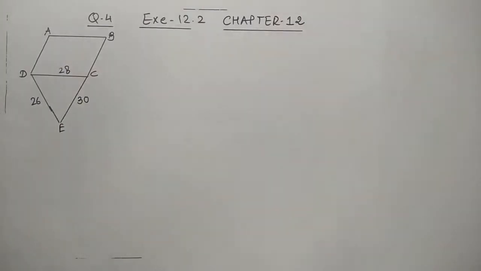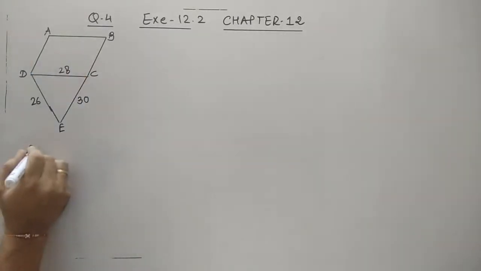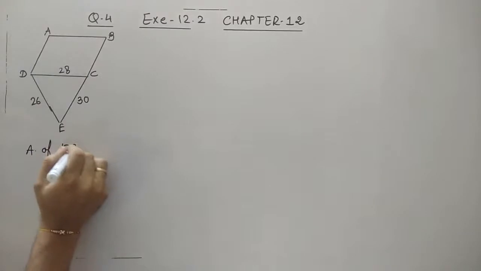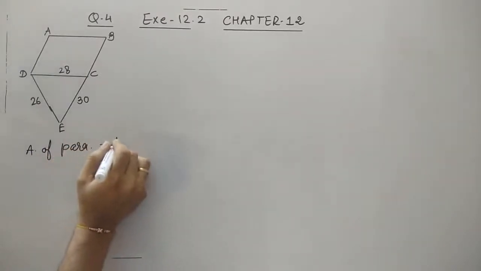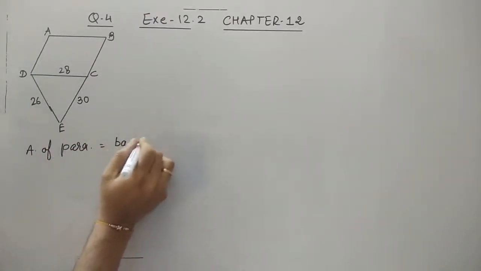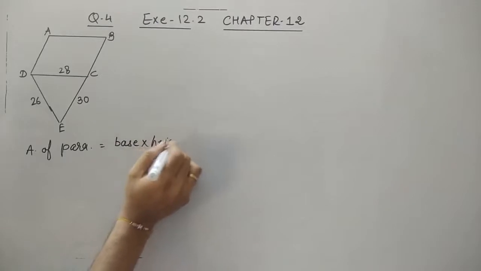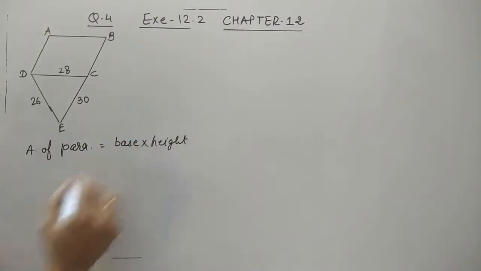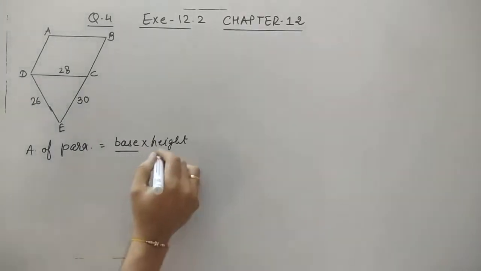So how can we find out the height of a parallelogram? For that we should remember the formula of area of parallelogram. So we know that area of parallelogram is base, corresponding base into height. We have the base, that is 28, so we can get the height.